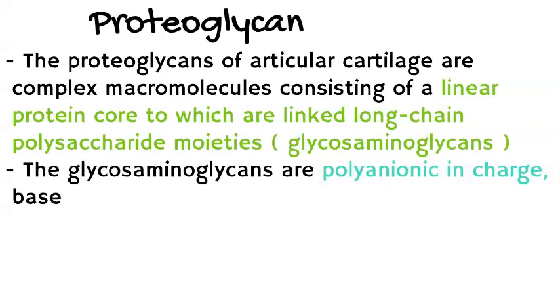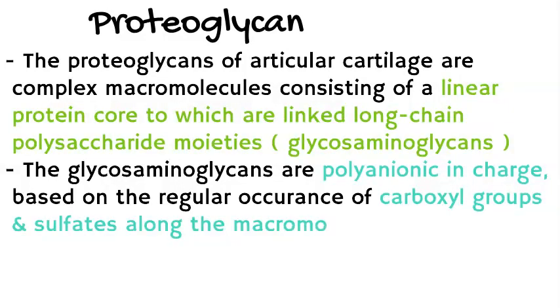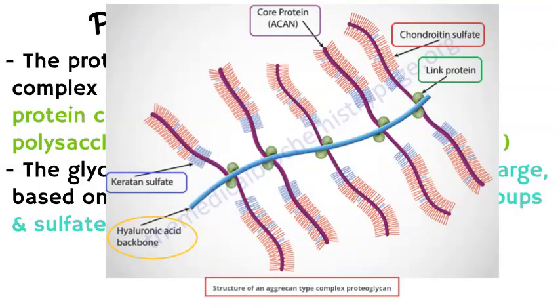The glycosaminoglycans are polyionic in charge based on the regular occurrence of carboxyl groups and sulfates along the macromolecules. Again, this picture illustrates the structure of an aggrecan-type complex proteoglycan. Please get familiarized with this picture.